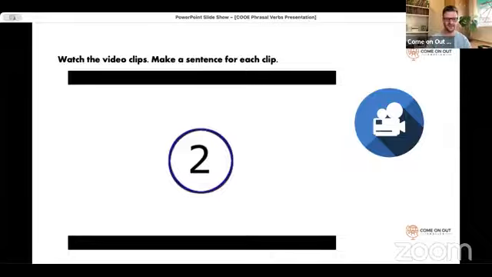I'll give you a few seconds. All right, so the sentence we can use for that one is she is taking off her shoes. Take off being our phrasal verb. Let's go to the next one.